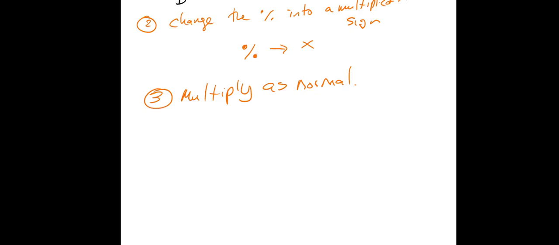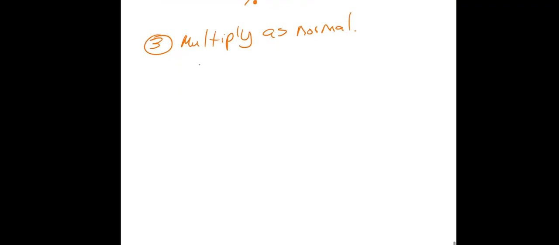Let's do some examples so you can see what I'm talking about. Really simple examples. Say we have 1/7 divided by 1/2.